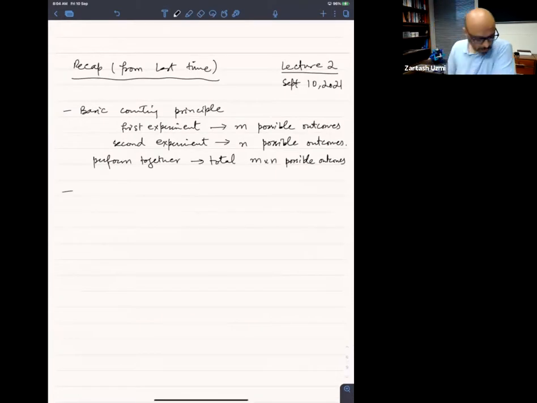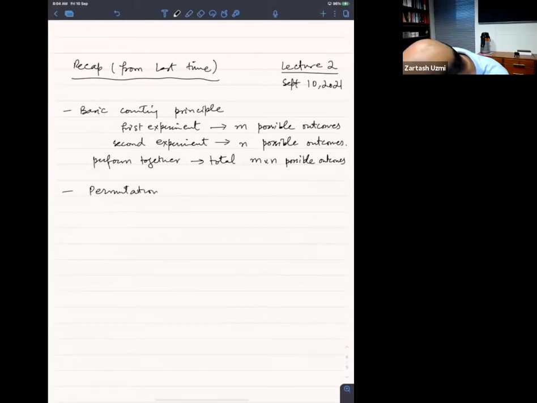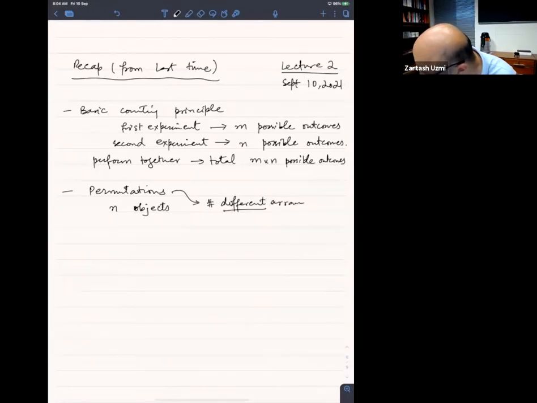Then we talked about permutations. What is permutations? Permutations is the total number of different arrangements of objects. So you have n objects, and a permutation is simply a number of different arrangements of these objects.